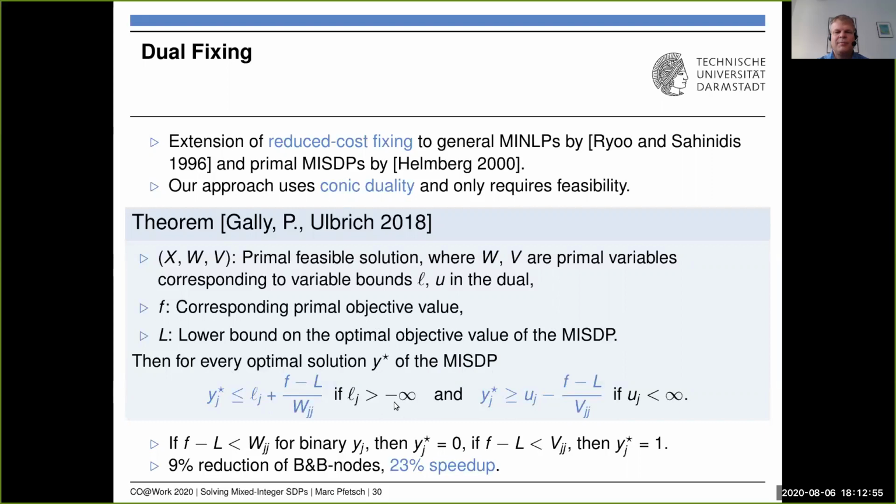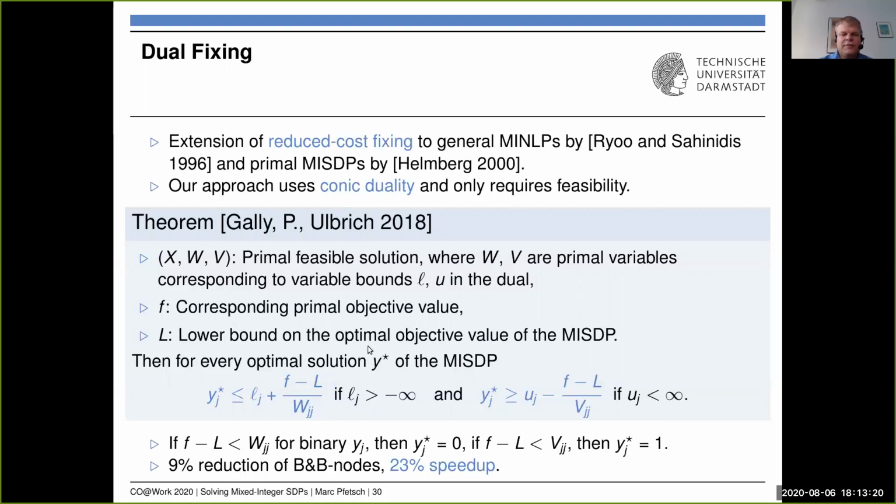So if the lower bound is not minus infinity, then the jth component of the optimal solution is bounded by the lower bound plus the upper bound minus the lower bound divided by the diagonal entry in this matrix W here. And for the upper bounds, a similar inequality holds.